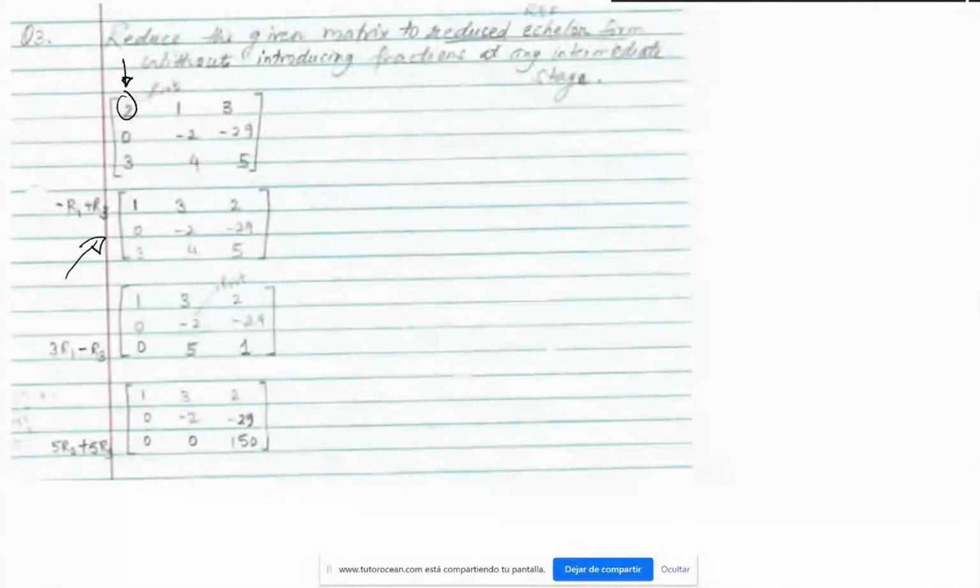Maybe the 2 and the 3. Since the 2 is first, I'm going to leave it as a pivot and get zeros down here. Row 1 is the same. Row 2 is the same because it already has a 0 in the first column.